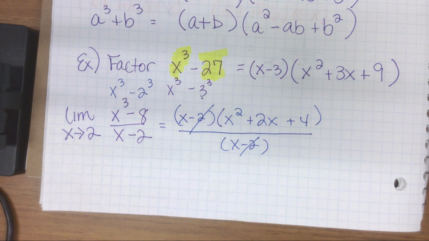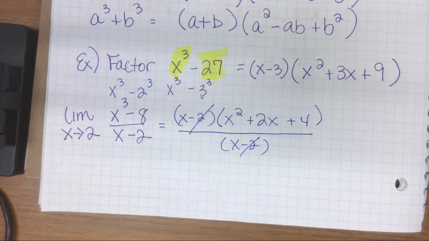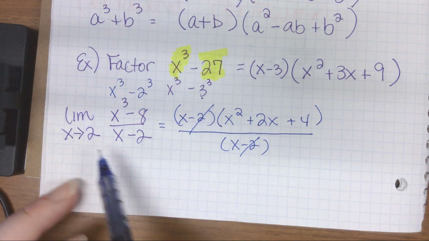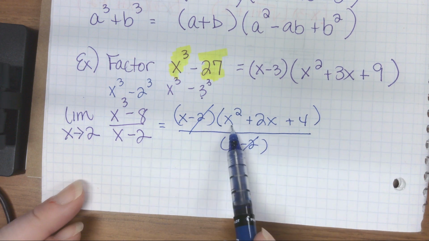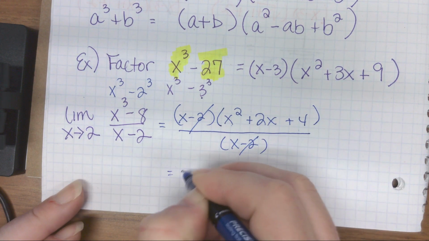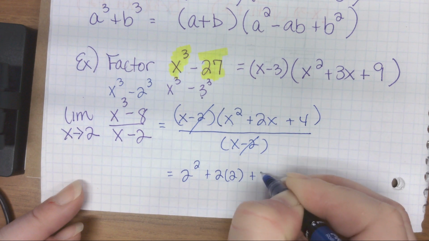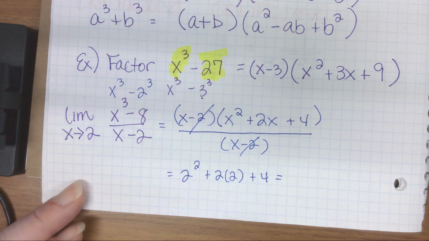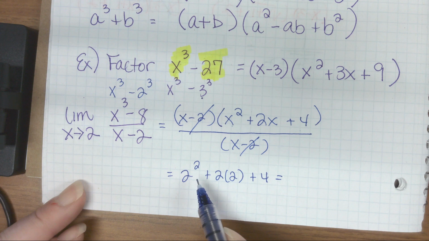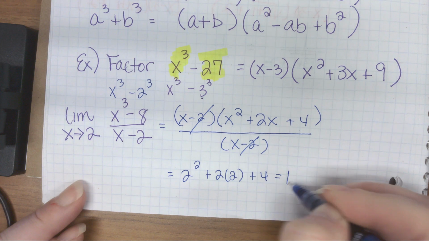And then it would allow me to put in my 2 to this function. So that would give me 2 squared plus 2 times 2 plus 4, which is 4 plus 4 plus 4. So a limit of 12.